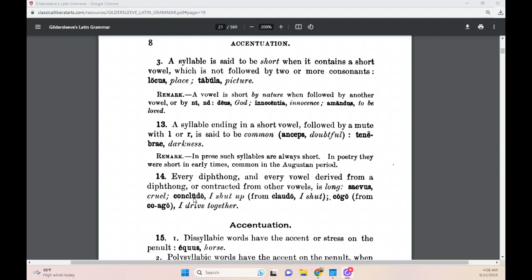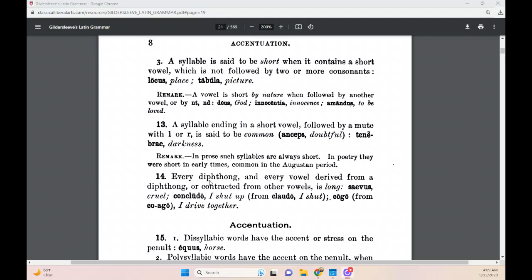And so because that's derived from the diphthong, it's long. So con would be long because it's a vowel followed by more than one consonant. So this will be long, con, and then this will be long because it's derived from a diphthong, clu, and then this will also be long because it contains a long vowel, concludo.